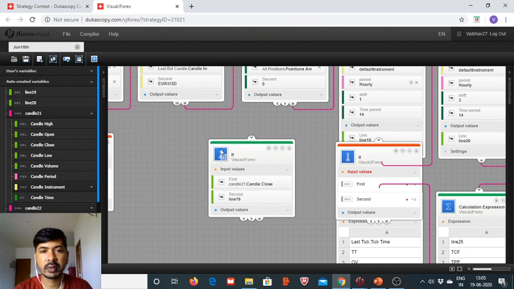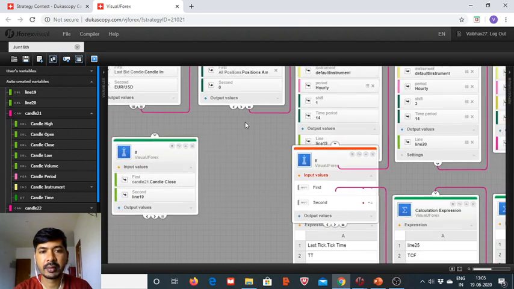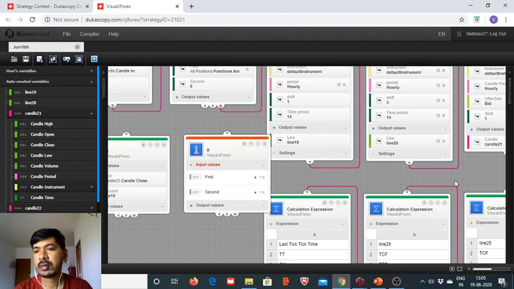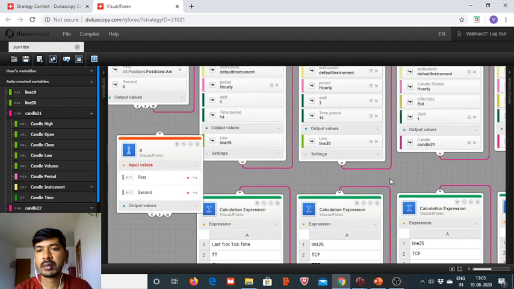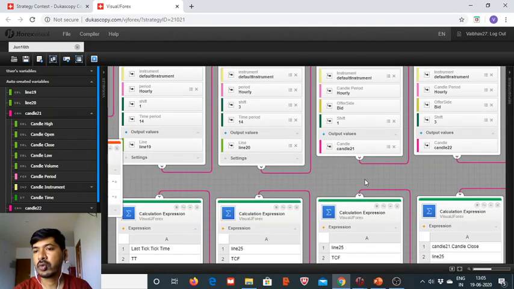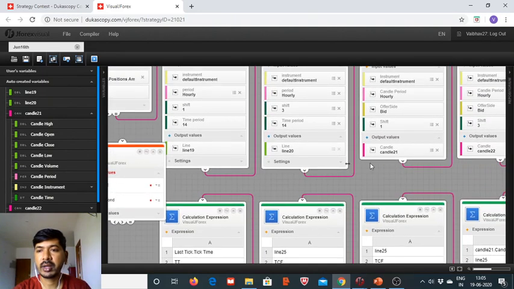then comes candle 22, which is having shift 3, look back period is 3, and we compare it to the line 20.